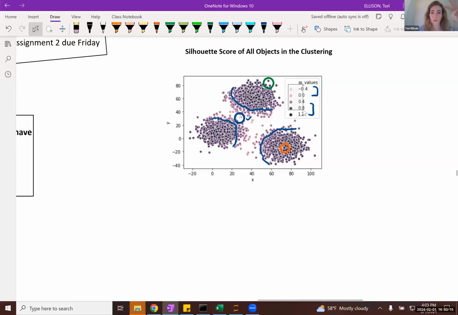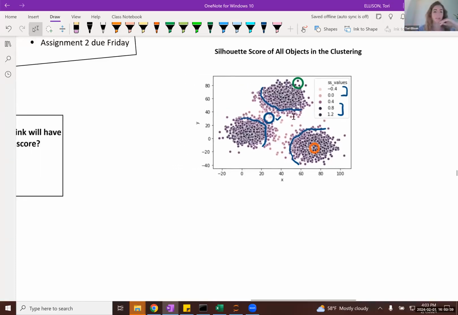The actual numbers for each of these silhouette scores are not going to go above 1. What this signifies is that all observations between 0.8 and 1.2 are going to be given this color. But the observations themselves don't go above 1. So that's a good question.